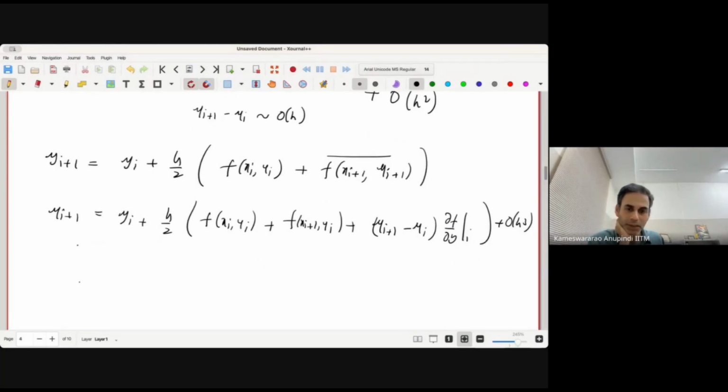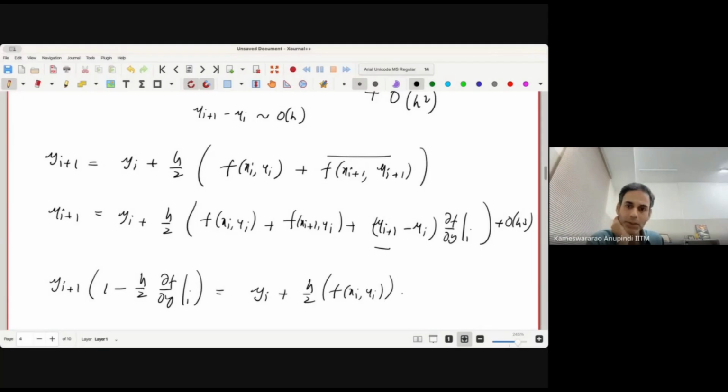Then, just like the way I have done before, I'm going to bring the y_{i+1} terms to the left hand side. That basically makes it y_{i+1} minus h by 2 partial f by partial y at i times y_{i+1} equals y_i plus h by 2 times f of x_i, y_i, then minus h by 2 partial f by partial y at i times y_i.